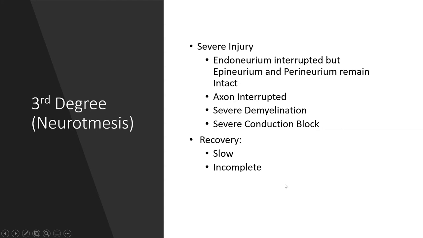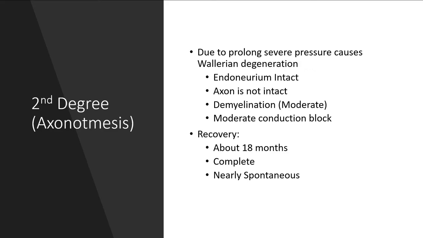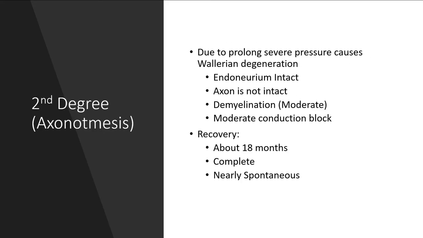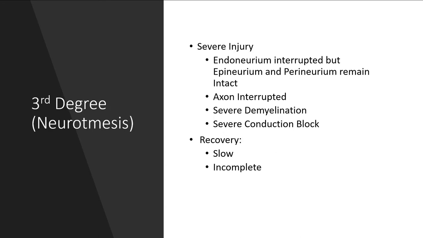Now the third degree is neurotmesis. This is quite a severe injury. The endoneurium is interrupted, but the epineurium and perineurium remain intact. However, in the first degree and second degree the endoneurium is intact, whereas in the third degree the endoneurium is interrupted and the epineurium and perineurium remain intact.